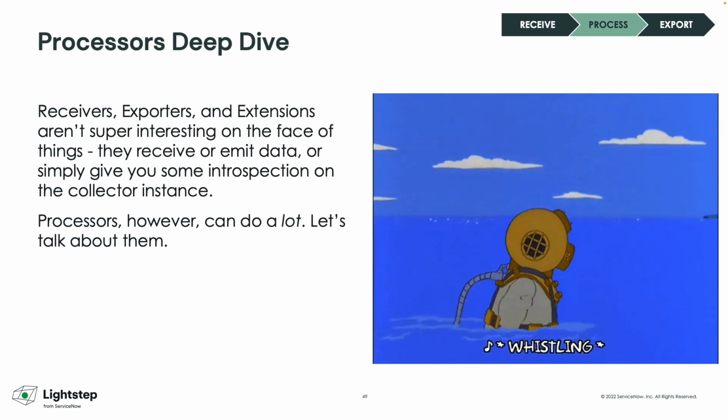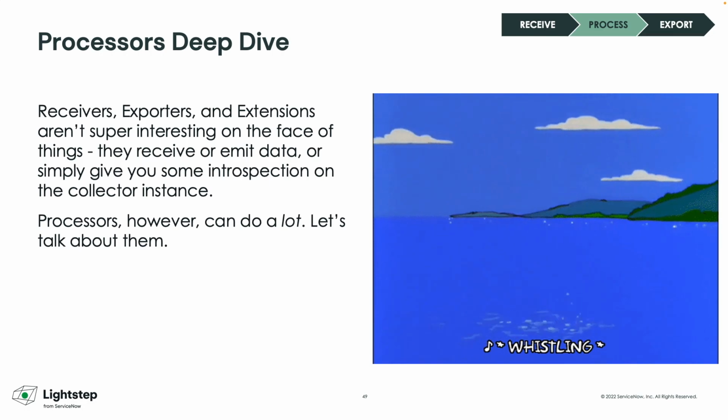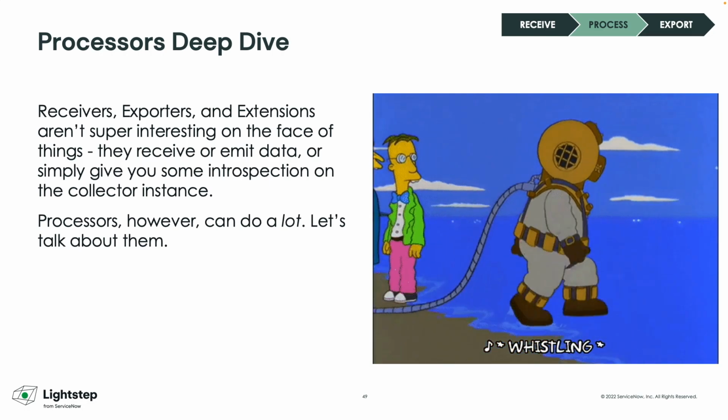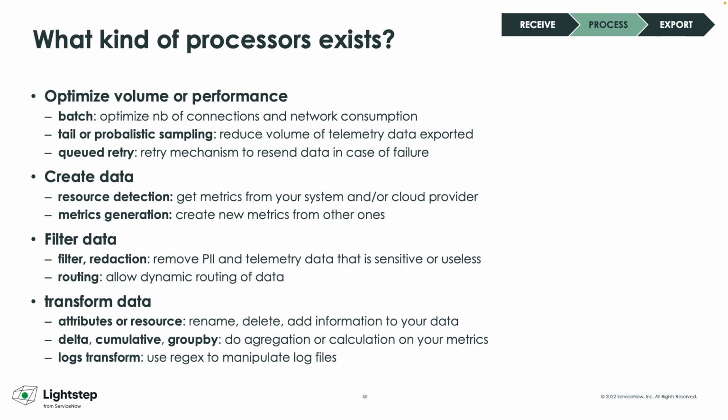Let's go to some details of the different processors that are the most used. Here you can see different kinds of processors and the names of the most used ones. You can use processors first to optimize the volume and performance of your collector. One of the most used and recommended processors here is the batch one, because it will optimize the number of connections and network consumption used by the OpenTelemetry collector.